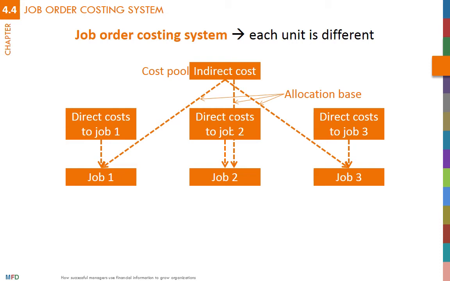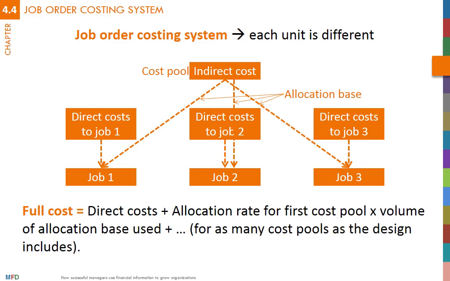With this data, the full cost of the order, for example, this design, can be calculated as the sum of its direct costs, for instance, 25,000 euros, and the indirect costs estimated by multiplying the allocation rate for each cost pool, for instance, 300 euros per hour of programming and 1,200 euros per person employed, with the volume of the respective allocation base, for instance, 40 hours of programming and 5 persons employed.